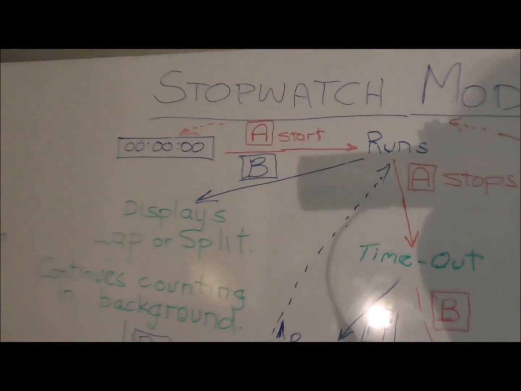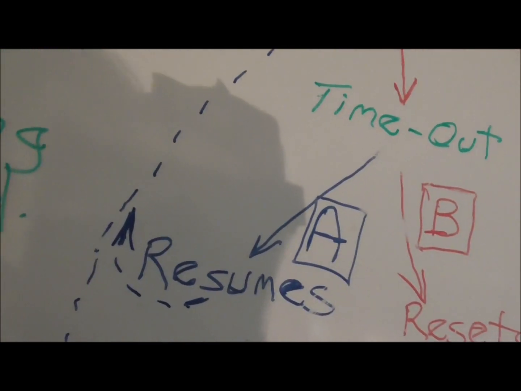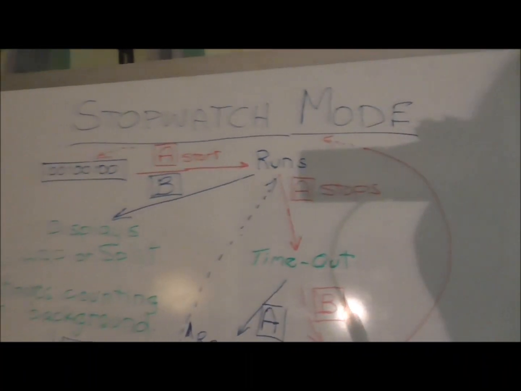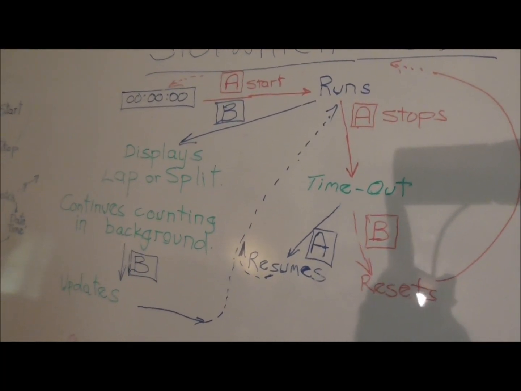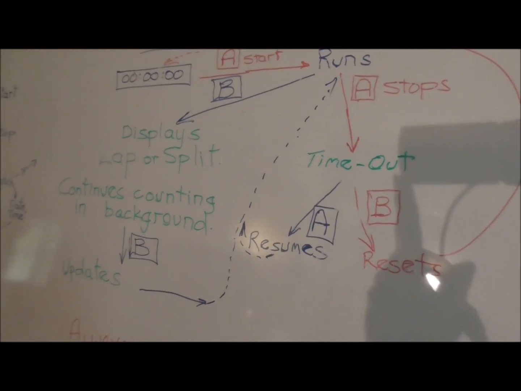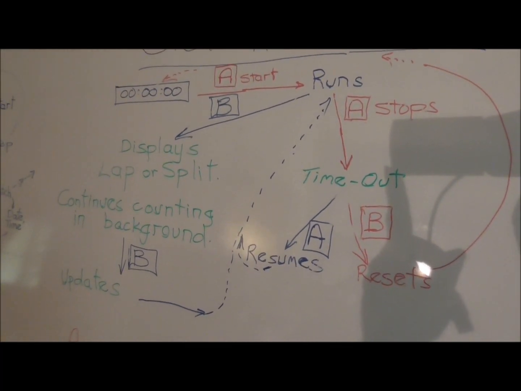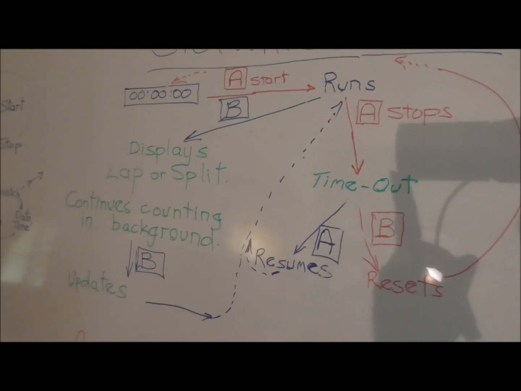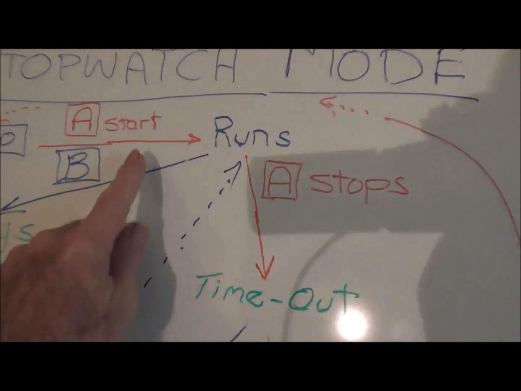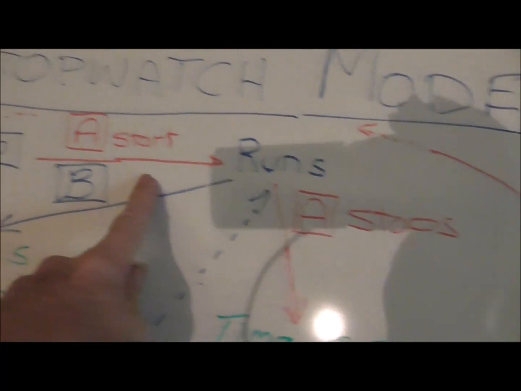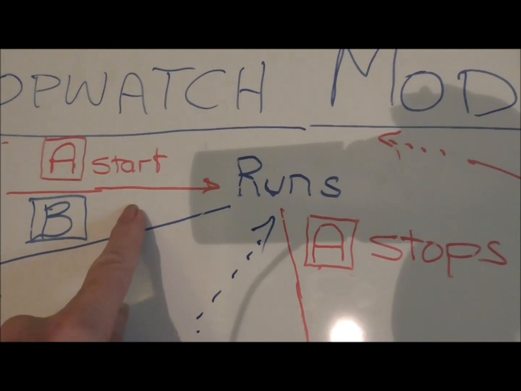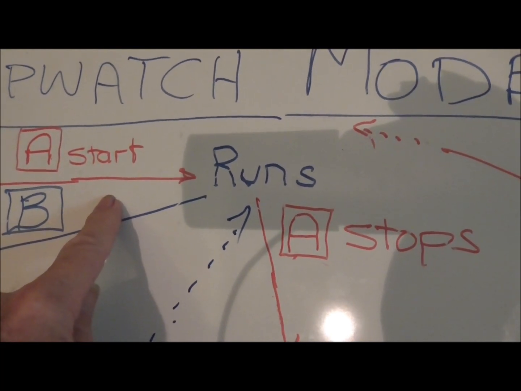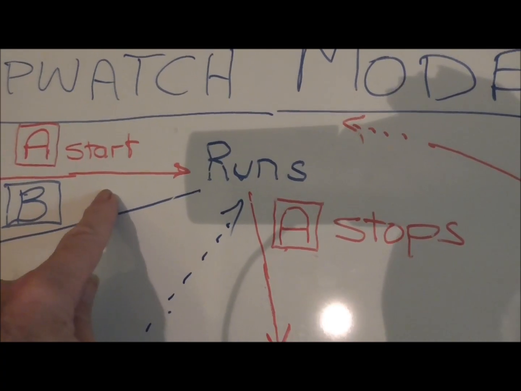Let me see, I'll put this down again. Stopwatch mode. Look, these things can do other things other than just time, erase, stop, start, reset. I've put those in red here. Normally you will start your stopwatch. It's on. It's reading 0. It's in reset. The race starts. You press button A to start your timer.